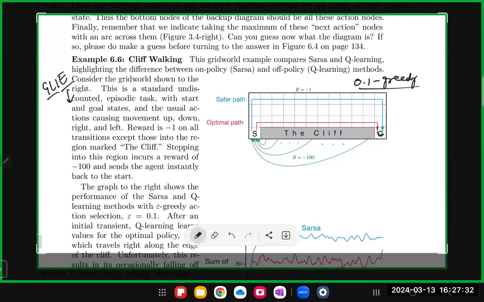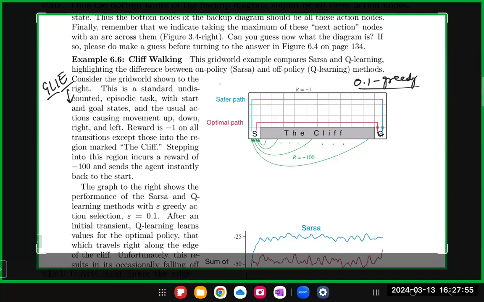Infinite exploration is satisfied, right? Because with some probability epsilon, you are taking a random action. That means all state action pairs are explored enough. Greedy in the limit is not satisfied, right? Because you are keeping a constant epsilon equal to 0.1, so your target policy will always be 0.1 greedy. That means it will never go to greedy, right?